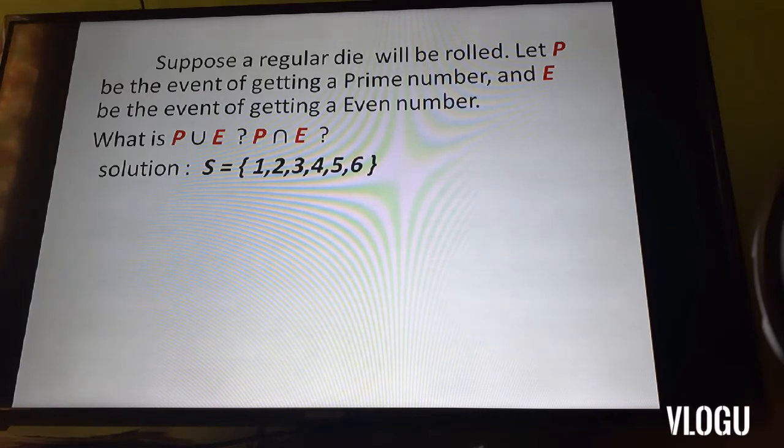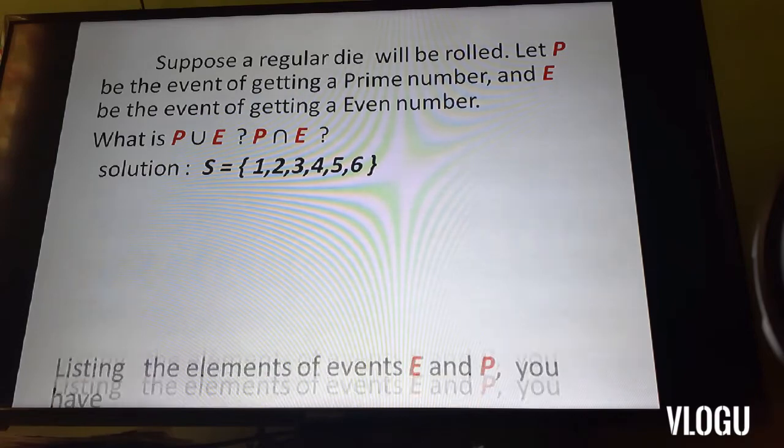Of course, the first thing to do is to find the sample space or the universal set. Remember that the universal set and the sample space are the same. So the possible outcomes if we roll a die are 1, 2, 3, 4, 5, and 6.